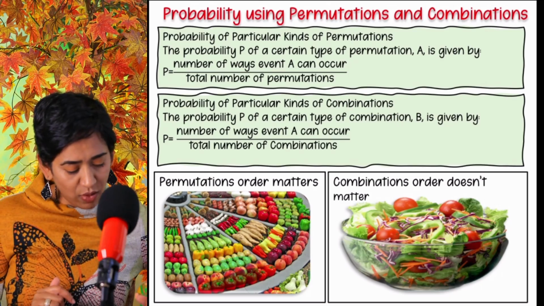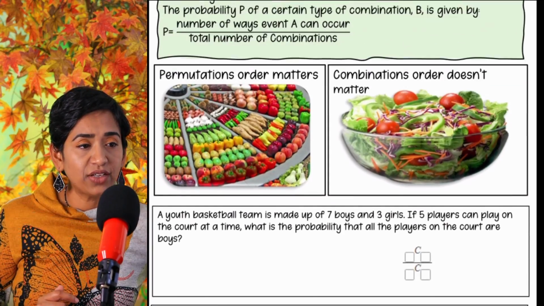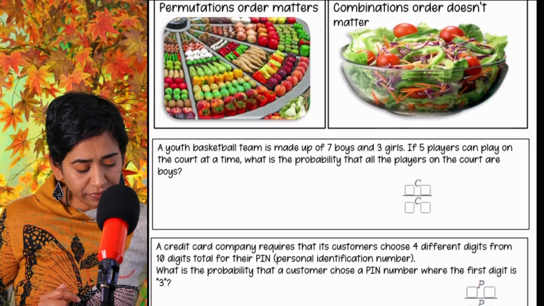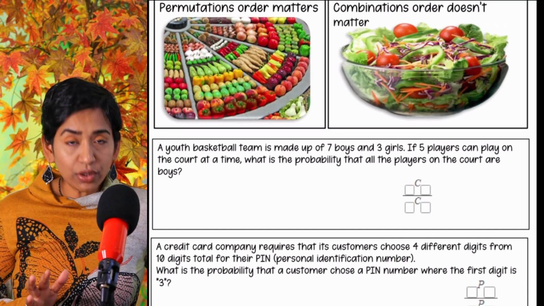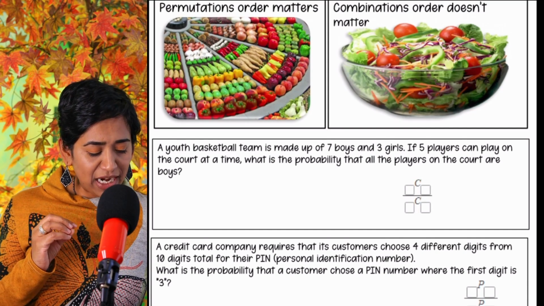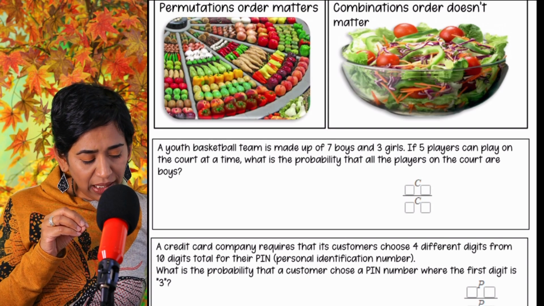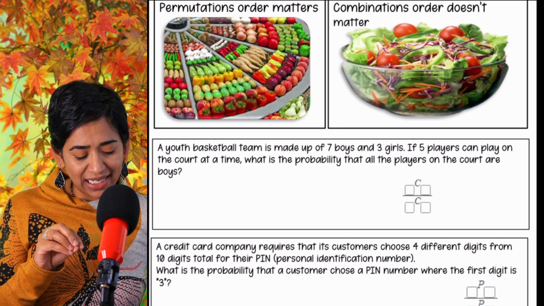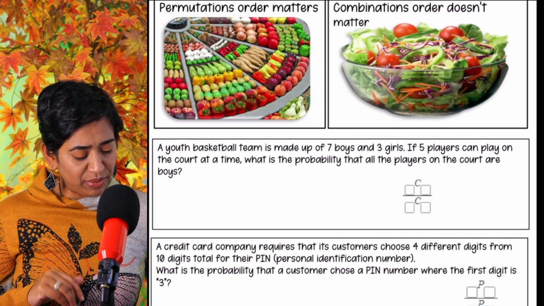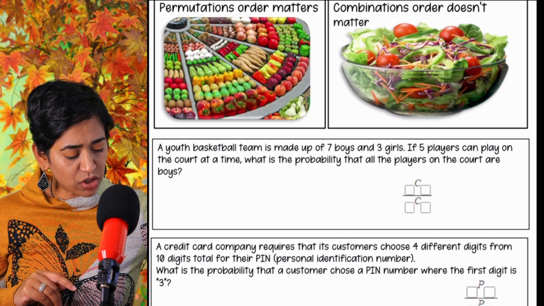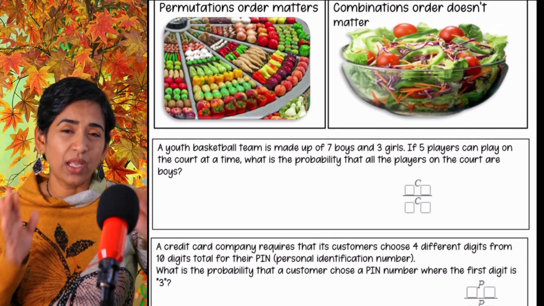All right, let's go ahead and take a look at the first problem here. A youth basketball team is made up of 7 boys and 3 girls. If 5 players can play on the court at a time, what is the probability that all the players on the court are boys?